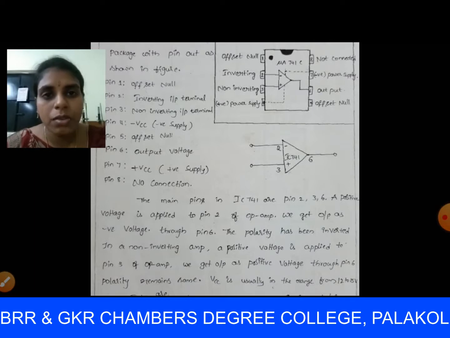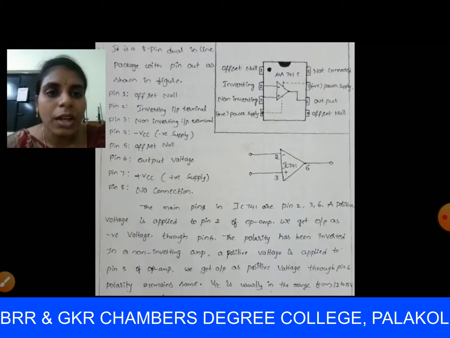But in a practical op-amp, it shows some voltage, which is the offset voltage. Pins 1 and 5 are the offset null pins. This offset can be reduced by using them. The initial output voltage shown by the op-amp can be nulled using pins 1 and 5.